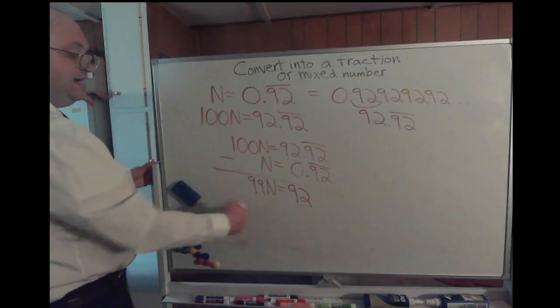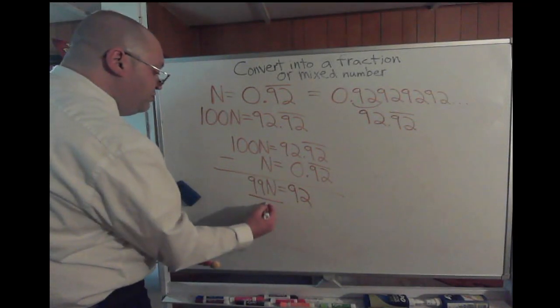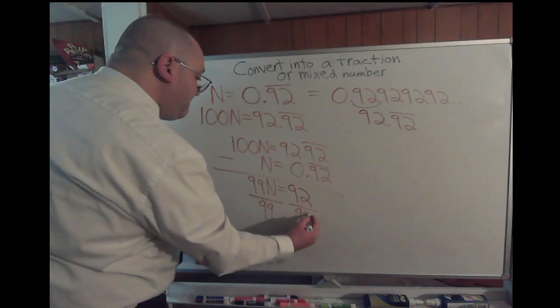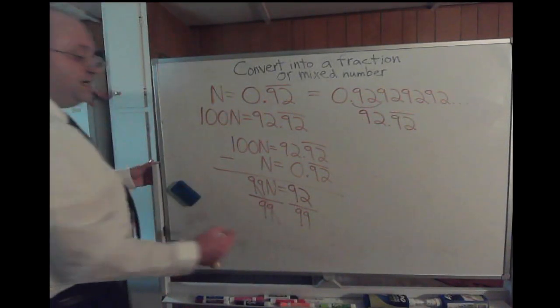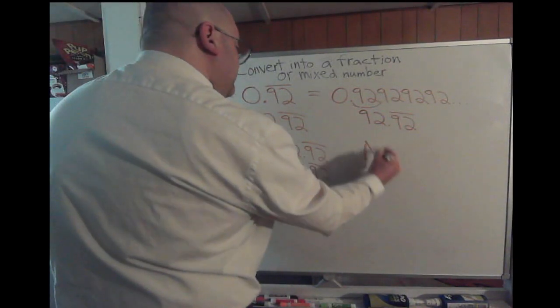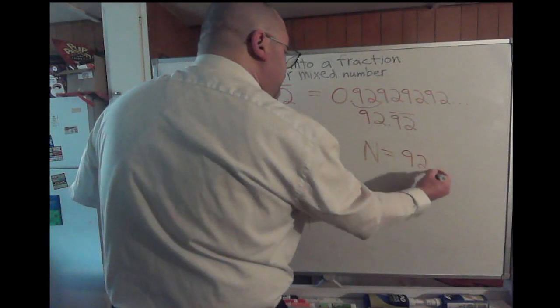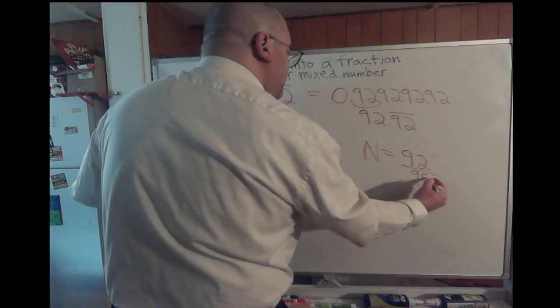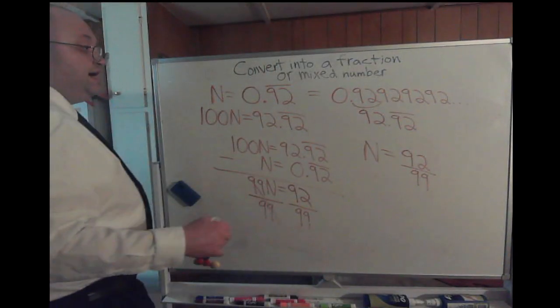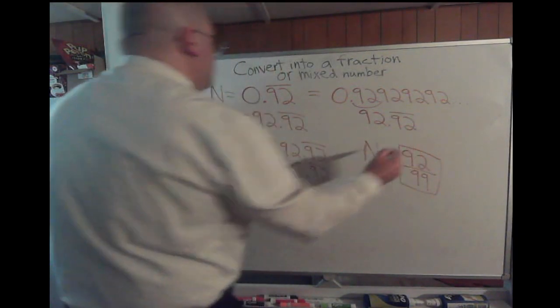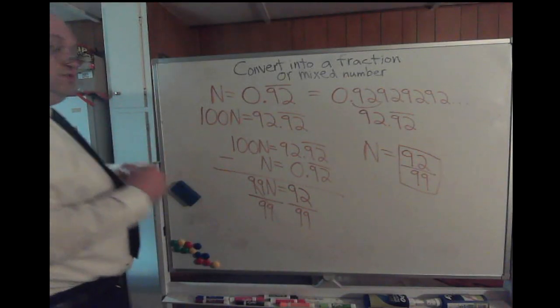You have 99n here, which means you need to divide both sides by 99 to get that n by itself. 99s cancel out on the left-hand side. The answer you're looking for here, n is equal to 92 over 99. And 92 and 99 have no common factors that will cancel out, so the fraction you're looking for is 92 over 99.